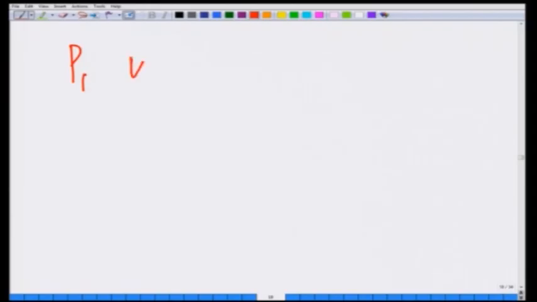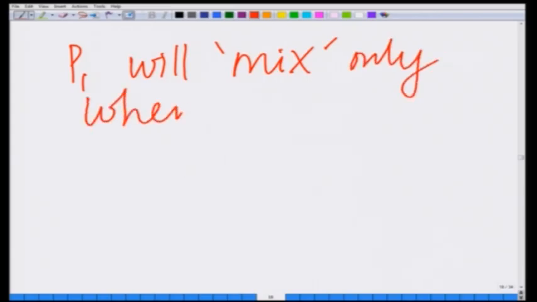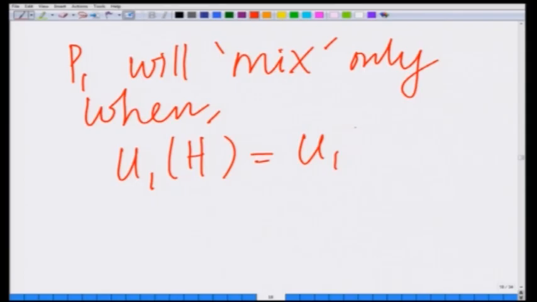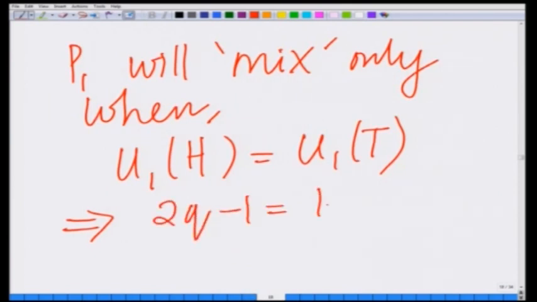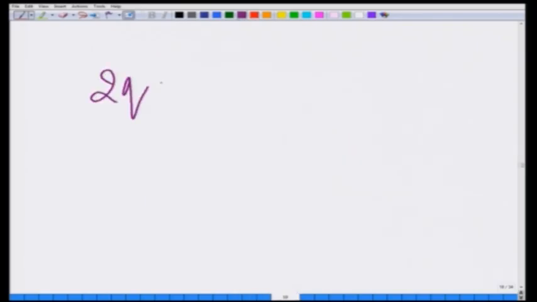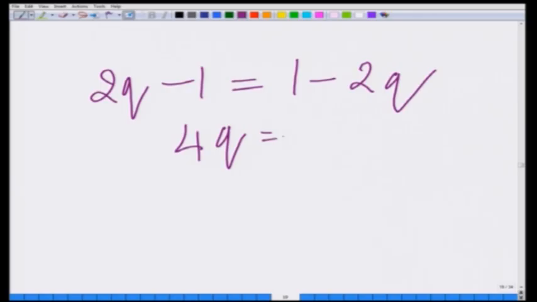That is, player 1 will employ a mixed strategy only when his payoff u1 from heads is equal to u1 from tails, which implies 2q minus 1 equals 1 minus 2q, and solving this we have 4q equals 2, which implies q equals half.